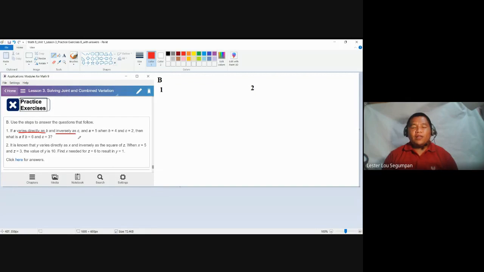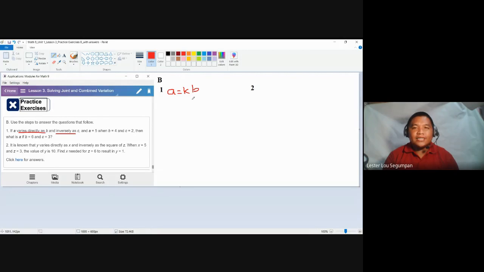And it also follows that there's no specific mathematical equation, because the mathematical equation depends on the variation statement. The variation statement here is A varies directly. So we have A is equal to, we always place our constant of proportionality, KB.